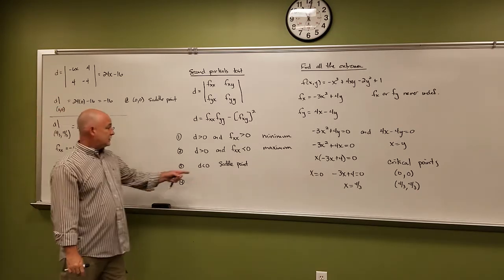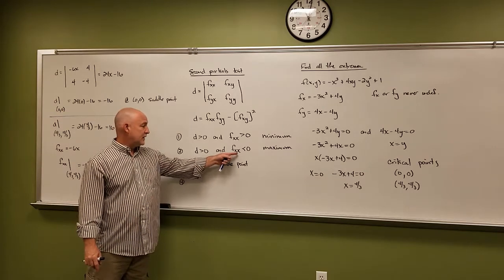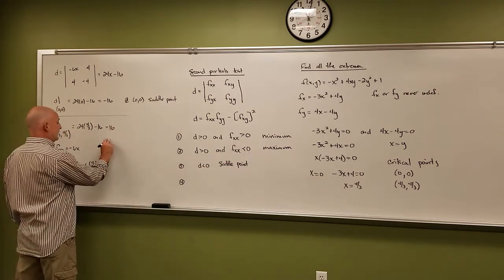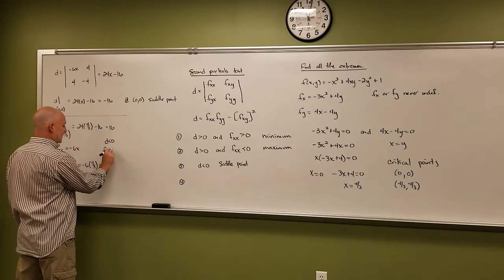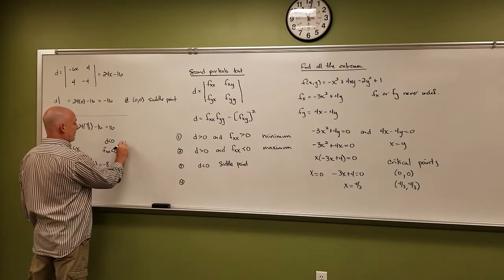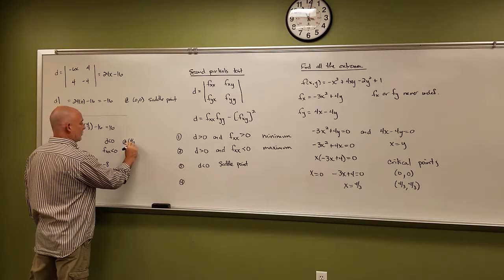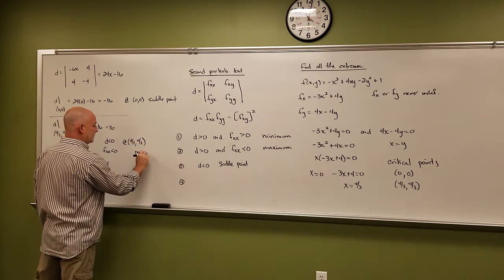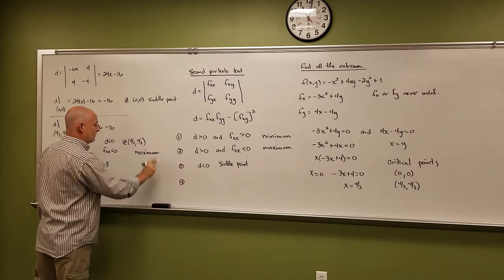So our second derivative, f sub xx, is also less than 0. So here we have d greater than 0, f sub xx less than 0. So at 4/3, 4/3, this is a maximum.